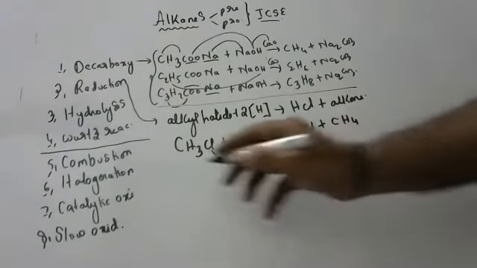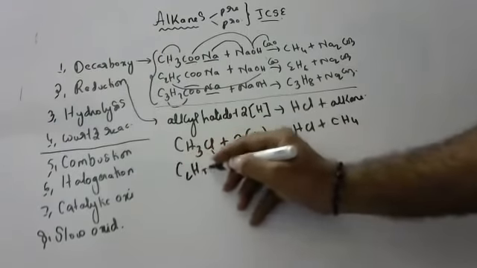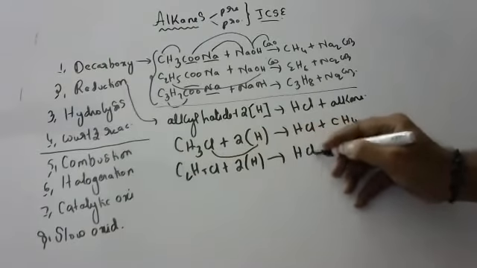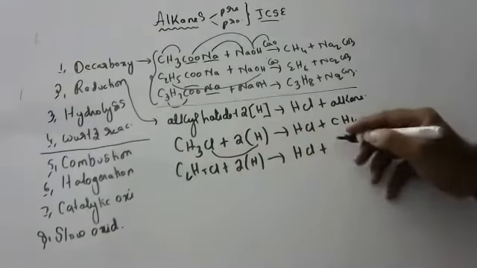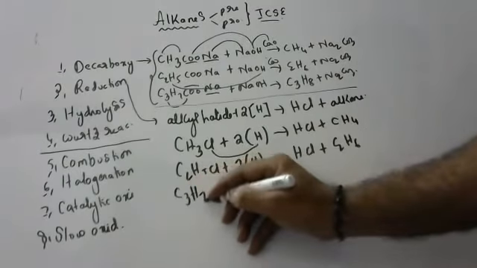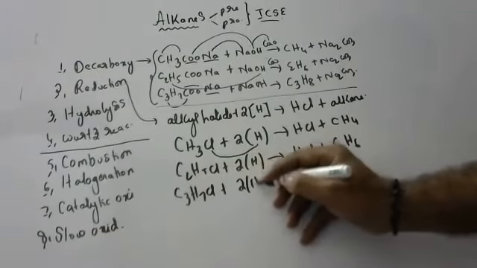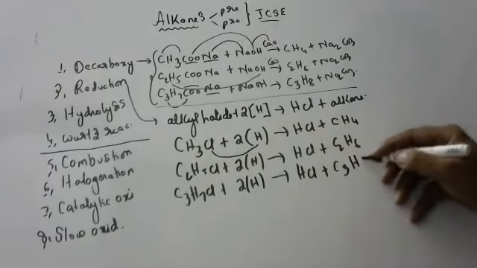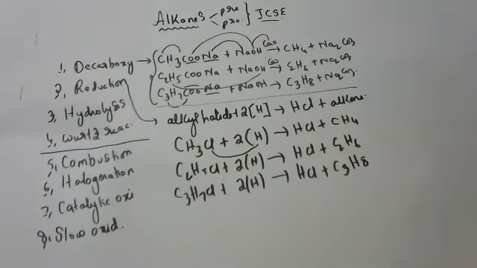No sir, I want ethane, then take C2H5Cl and subject it to reduction, then you will get HCl plus C2H6, ethane. If you want propane, take C3H7Cl and go for reduction, then you get HCl plus C3H8. Like that, you have to take the respective alkyl halide.